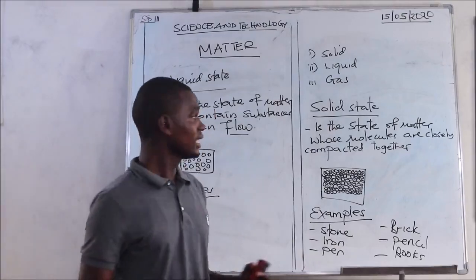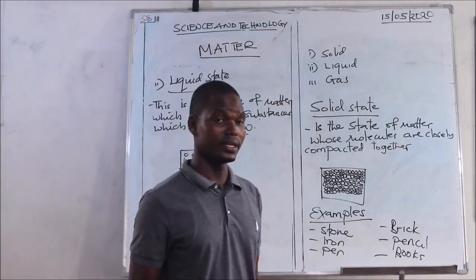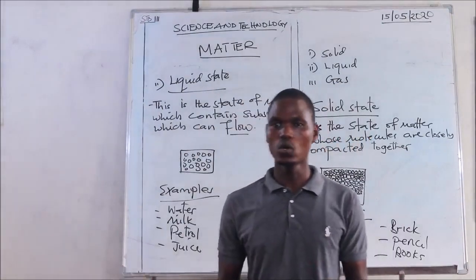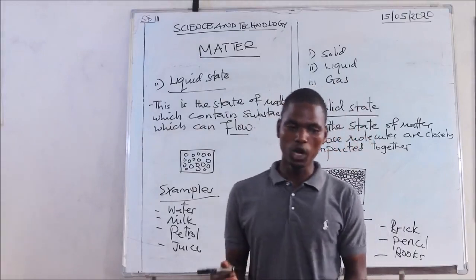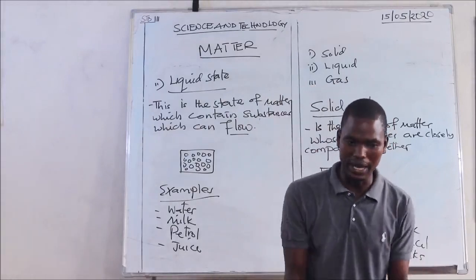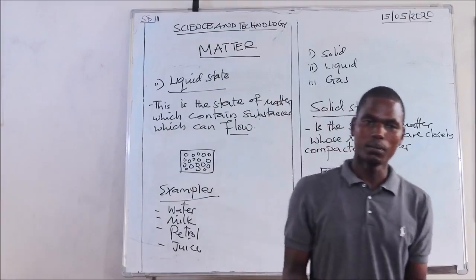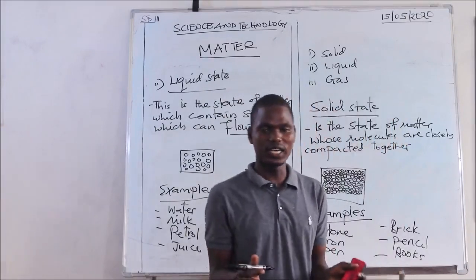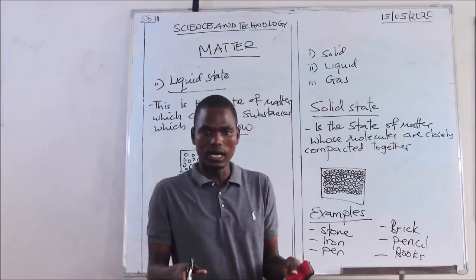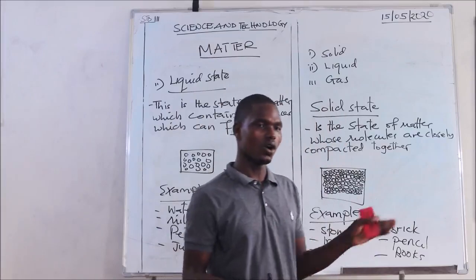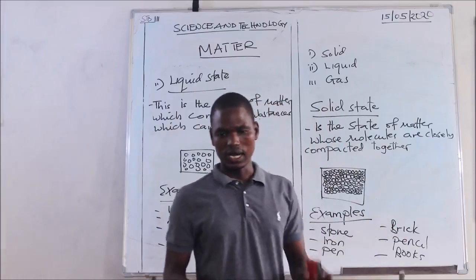So I have just said that the liquid state of matter contains substances which can flow. When you pour them down, they will not remain at that place constantly. They will start flowing because their molecules are not compacted together, as those of solids are.